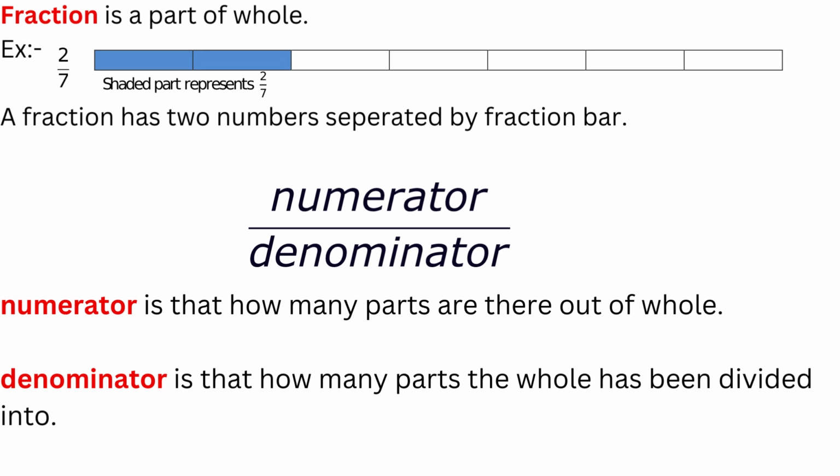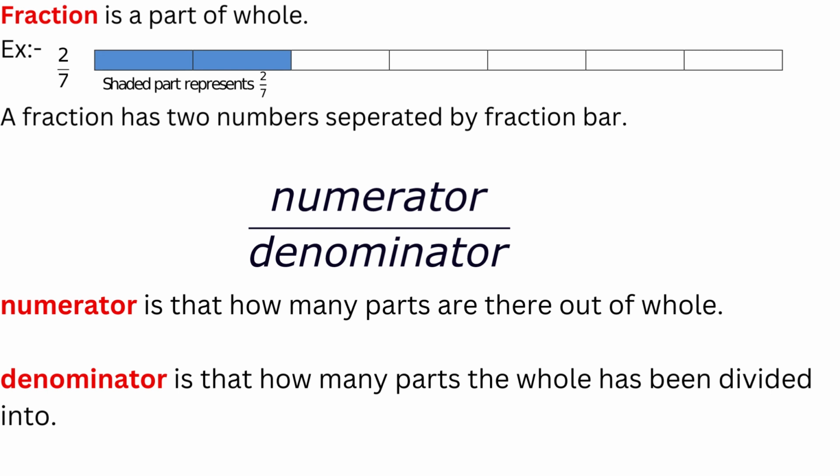So a fraction has two numbers separated by a fraction bar. The top number is said to be the numerator and the bottom number is said to be the denominator. What is a numerator and what is a denominator? Numerator is how many parts are there out of the whole, and denominator is how many parts the whole has been divided into.